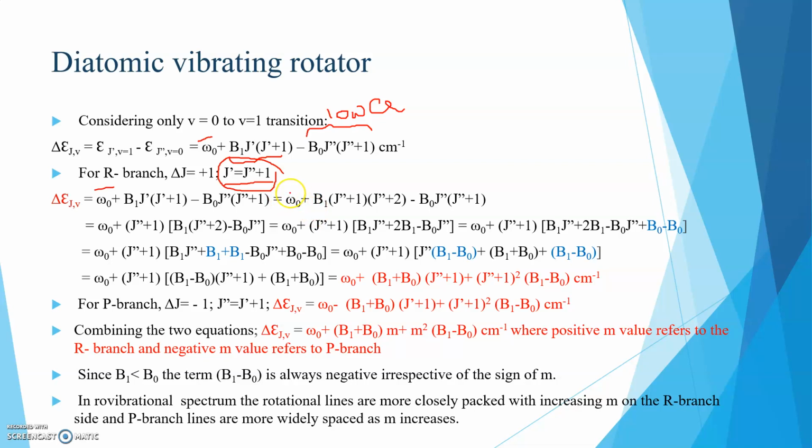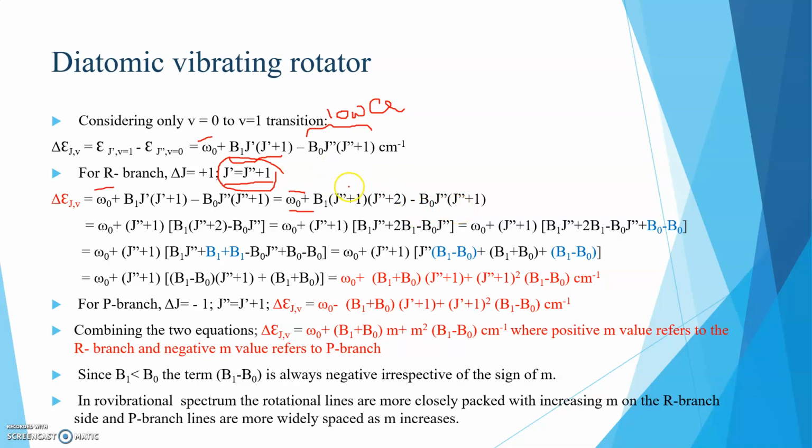Otherwise, you will find it difficult to follow. So we are substituting the value of J' in this equation, and you will get another expression: omega bar 0 plus B1 (J'' plus 1)(J'' plus 2) minus B0 J''(J'' plus 1).